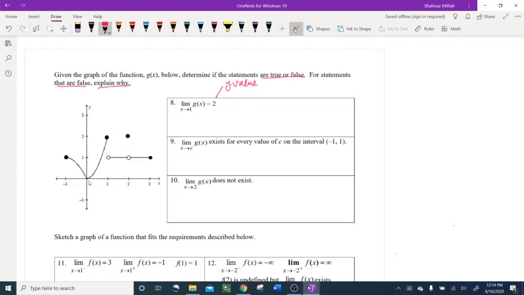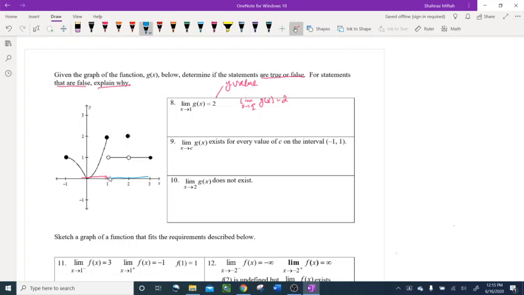So this is my 1 and I'm approaching from the left. When I approach 1 from the left, my y value is right there, which is 2. So I'm going to write it down: limit x approaches 1 from the left of g of x is equal to 2. Now let's try limit x approaches 1 from the right. This is the right side and I'm approaching 1 from the right side.